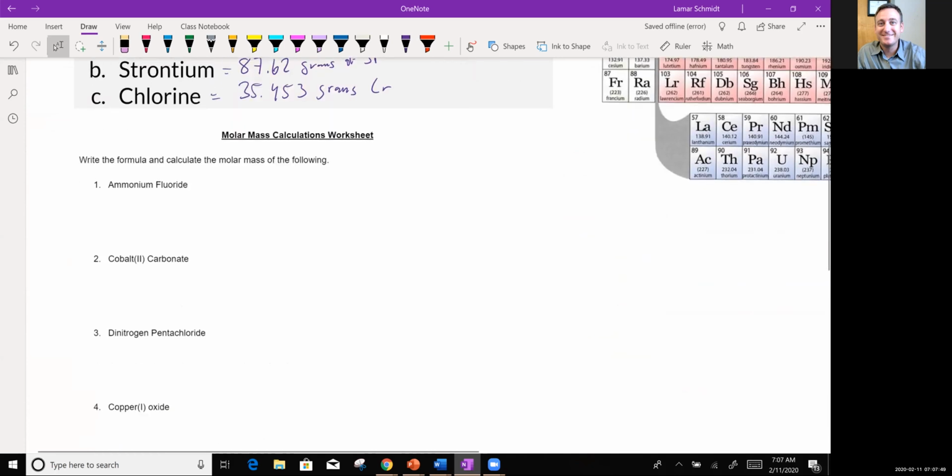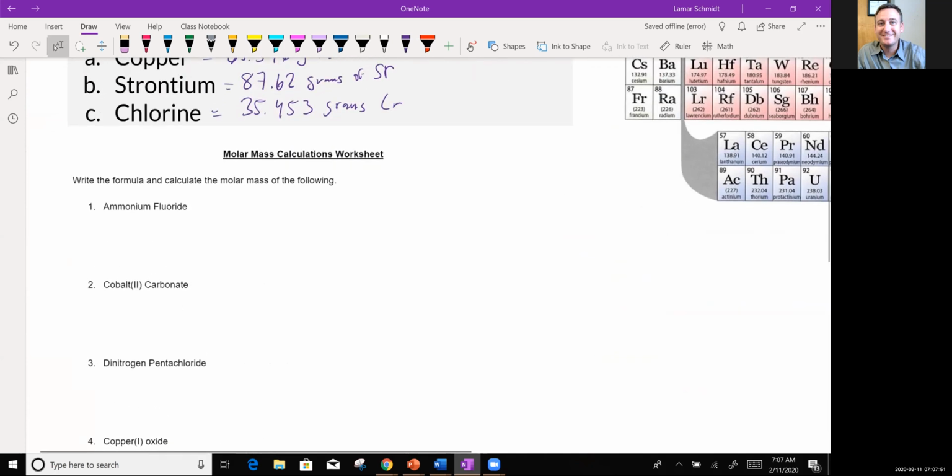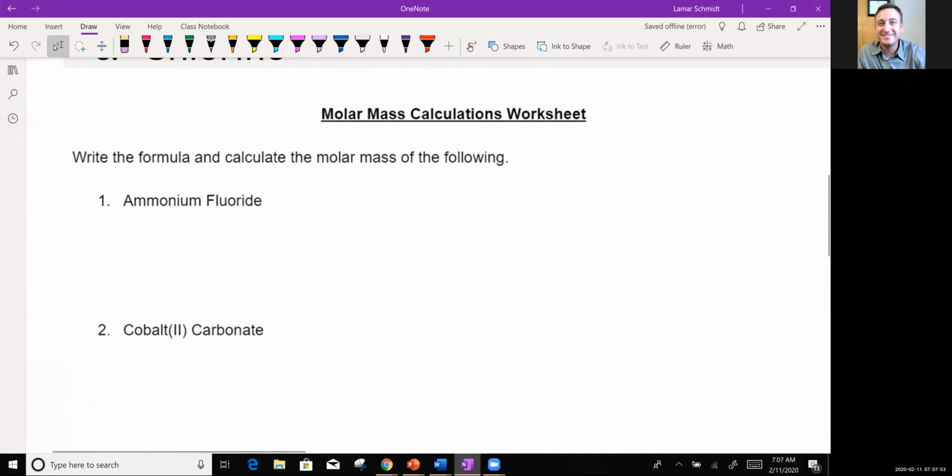Okay, moving on to your worksheet for today. I'm going to go over 2 problems with you, and then I'm going to leave you with the rest of them. And so the first one we have is ammonium fluoride. And what we have there to first figure out is, is this ionic, molecular, or an acid? And this is very, very easy to tell because we don't see any prefixes. We don't see it say acid.